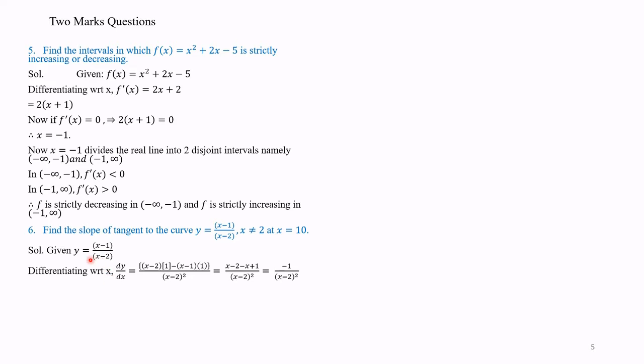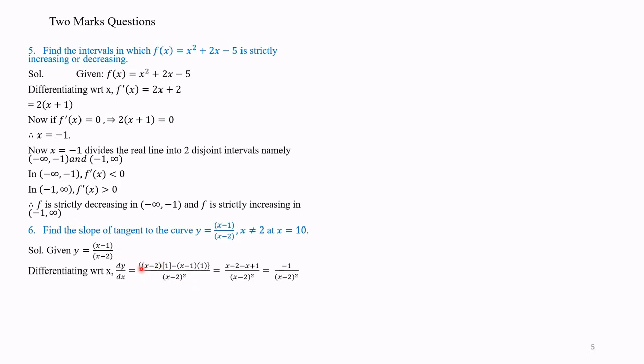In this case, dy by dx, you have to use the u by v formula. From the previous chapter number 5, the derivative of u by v is given by v into u dash minus u into v dash, divided by v square.